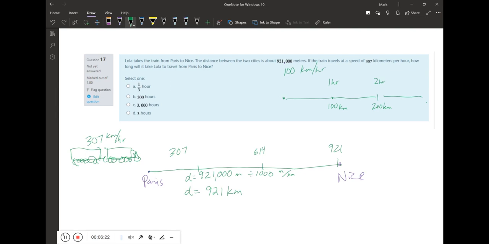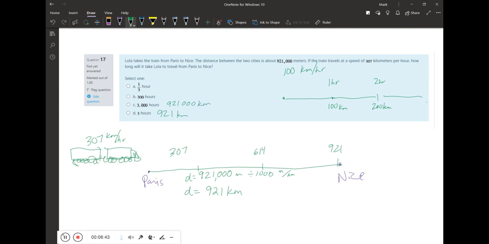Like, so if you think about this, you could have done, well, in 3 hours at 307, that train is going to go 921 kilometers. In 3,000 hours, it's going to go 921,000 kilometers.